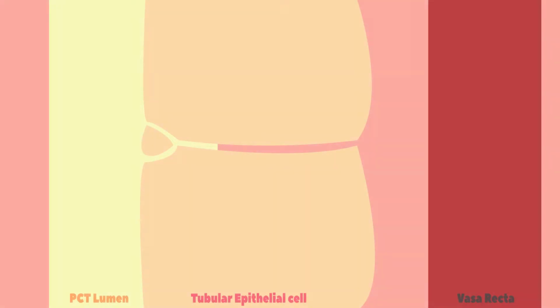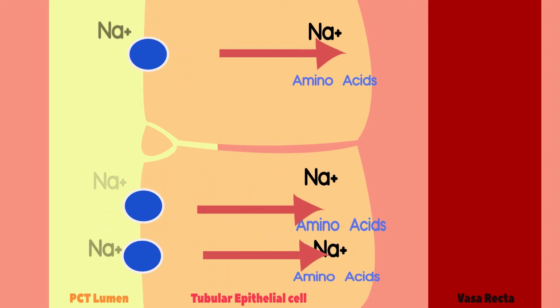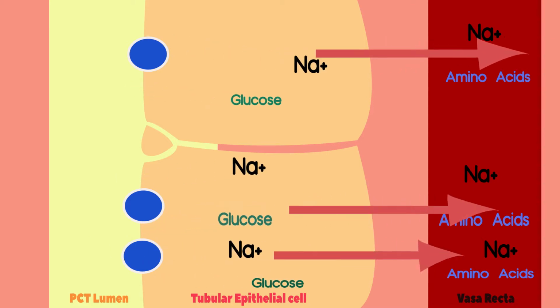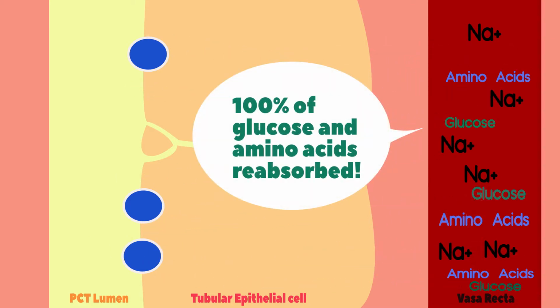The development of such a strong sodium gradient from ultrafiltrate to blood powers co-transporter proteins of glucose and any amino acids that may be present. As such, 100% of the glucose and amino acids that left the blood in the glomerulus is reabsorbed through the cells and back into the blood.